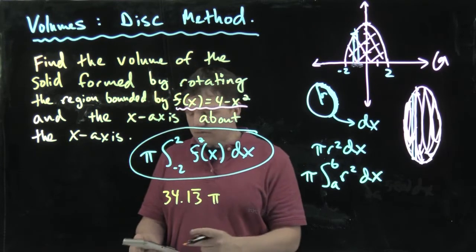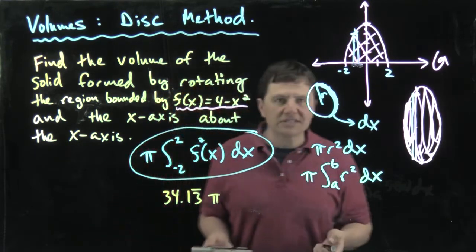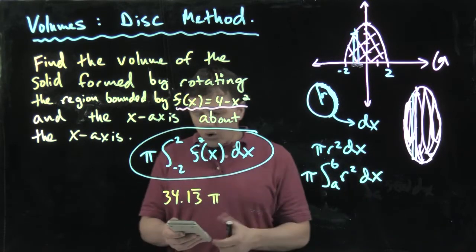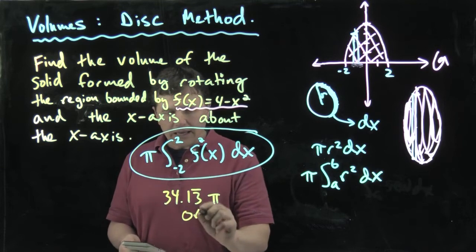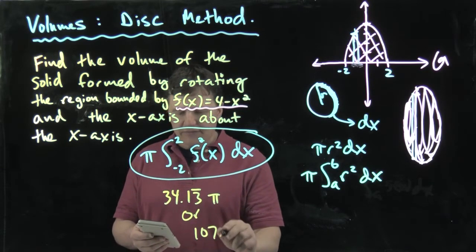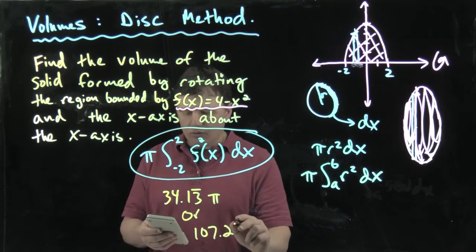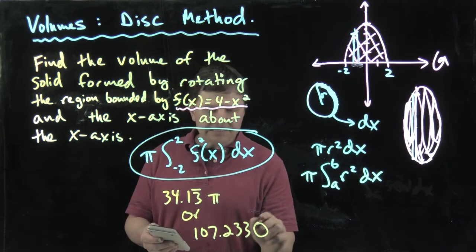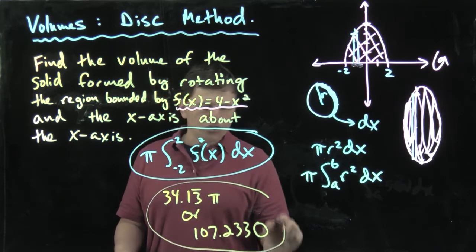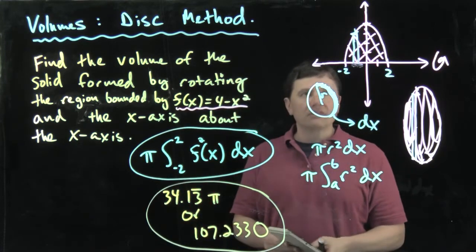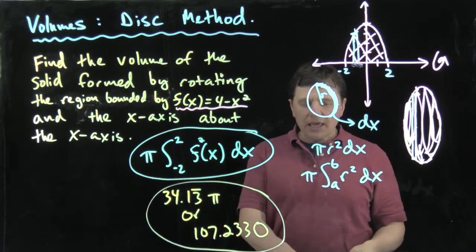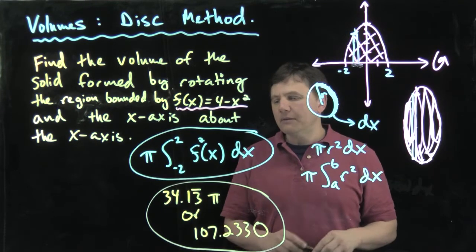So you could leave that in terms of pi. Make sure your answer is always accurate to 3 decimal places. Or I can just multiply by pi, and I get 107.2330. So these are the 2 choices that I would go with here, and that is the volume of this shape, and that is the disk method.